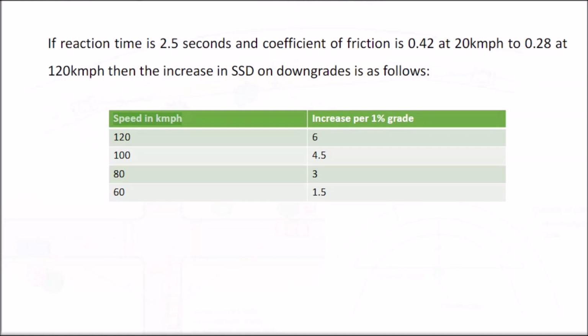Speed in kmph, increase per 1% grade: 120, 6; 100, 4.5; 80, 3.6; 60, 1.5.